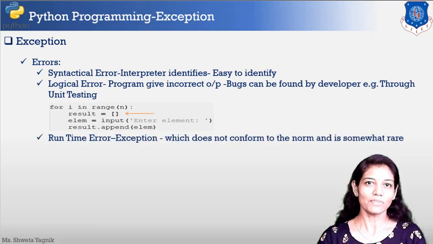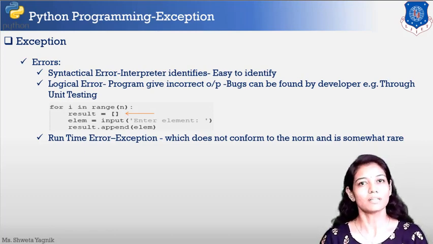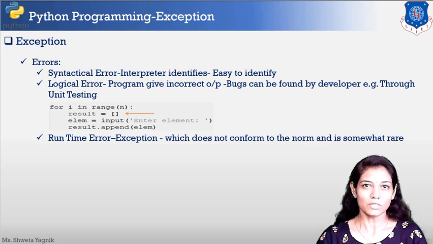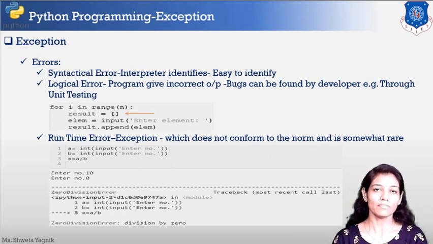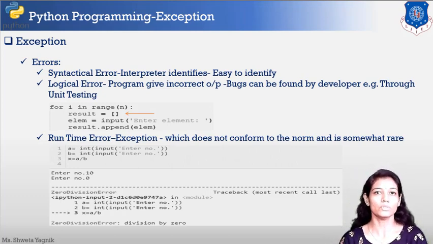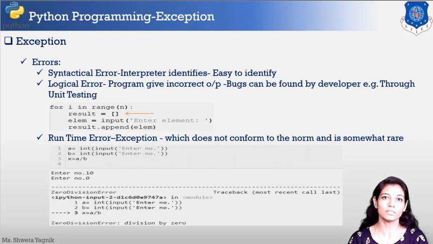The next type of error is a runtime error, that is an exception, an error which does not conform to the norm and is somewhat rare. We don't expect that such an error will occur, and that's what an exception is. Here is an example where we are taking two inputs from the user, converting them into integers, and ultimately we want to produce the division as the result.